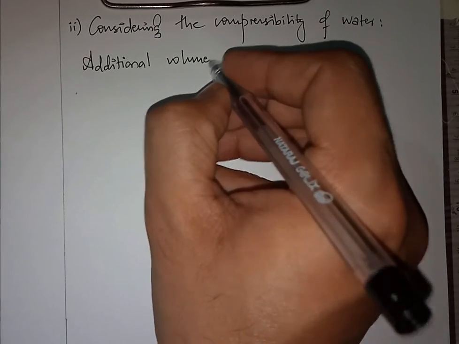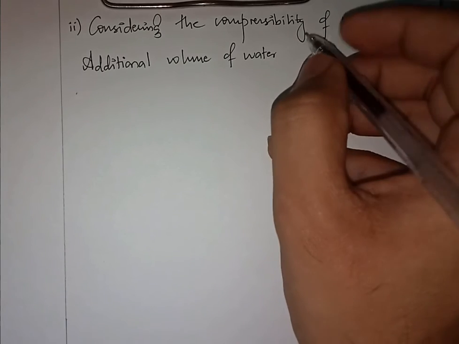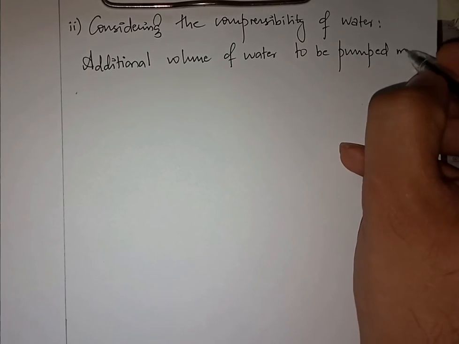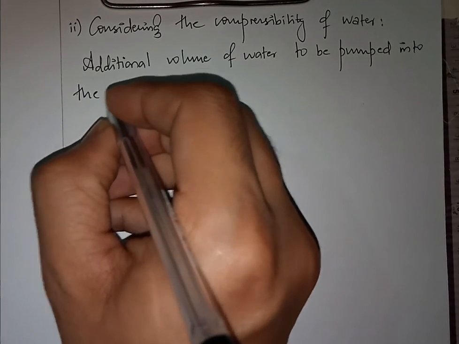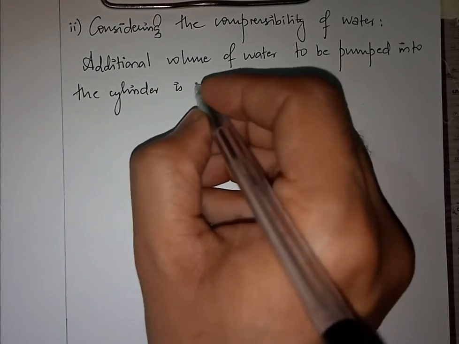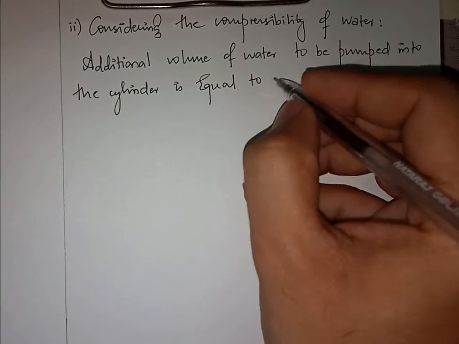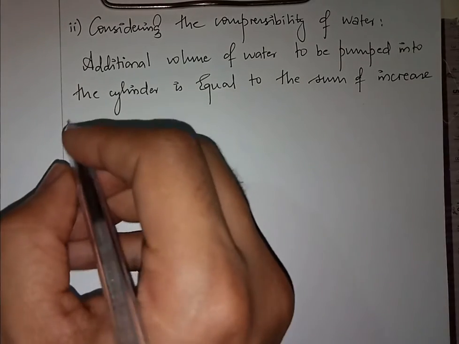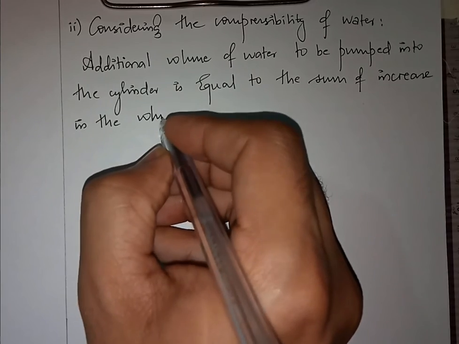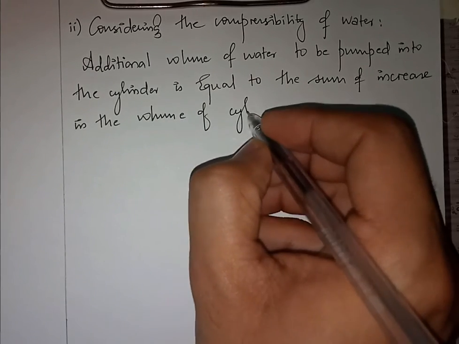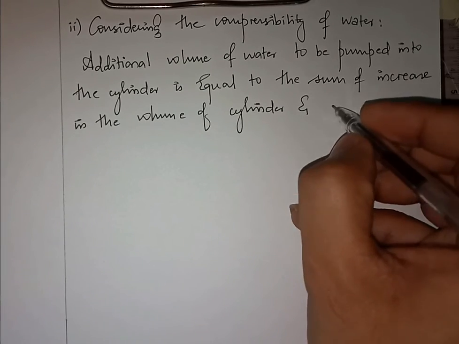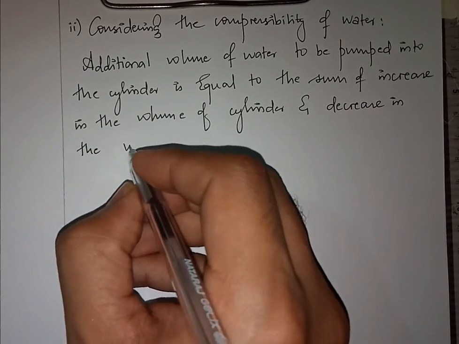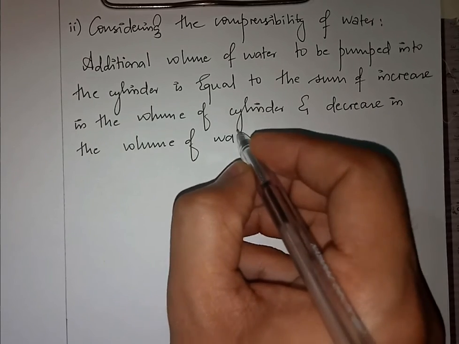Additional volume of water to be pumped into the cylinder is equal to the sum of increase in the volume of cylinder and decrease in the volume of water in the cylinder.